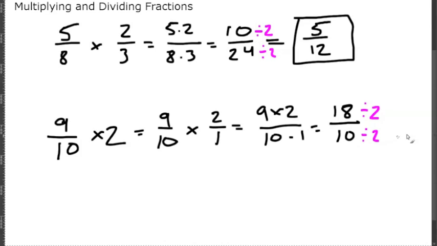And 2 also happens to be the greatest number that we can divide equally into both of those. So 18 divided by 2 is going to be 9, and 10 divided by 2 is going to be 5. So our answer is going to be 9/5.